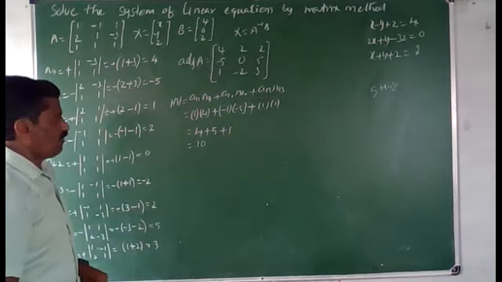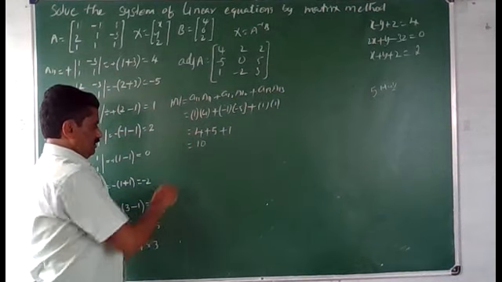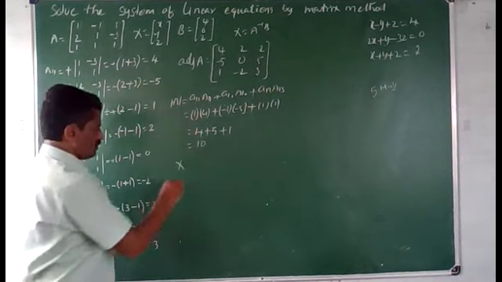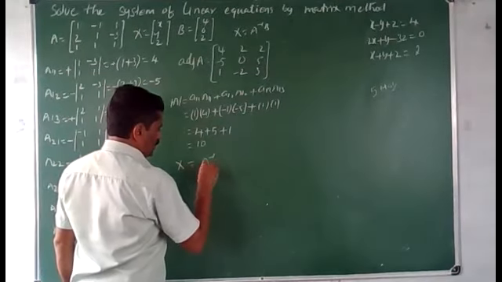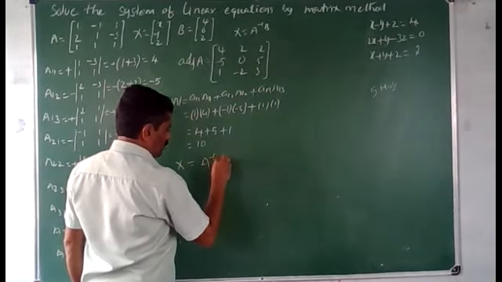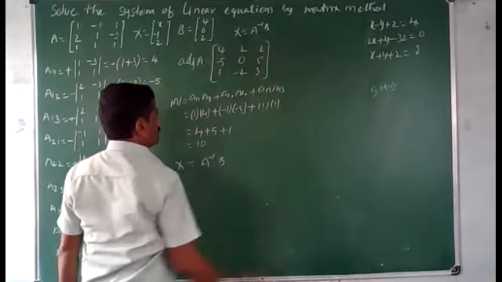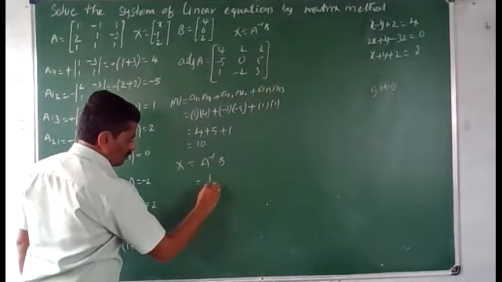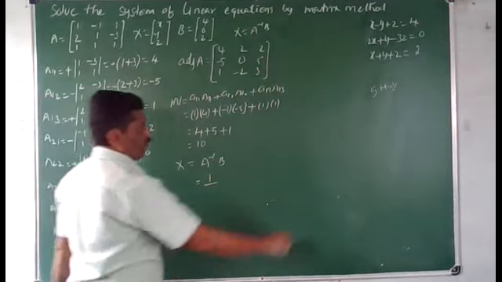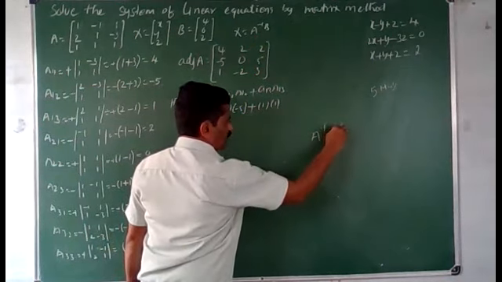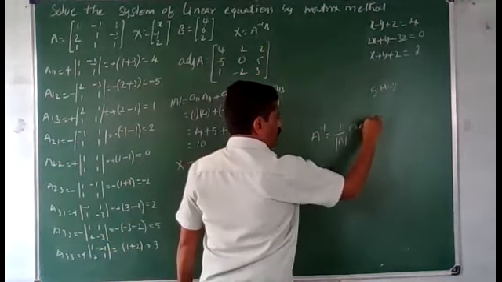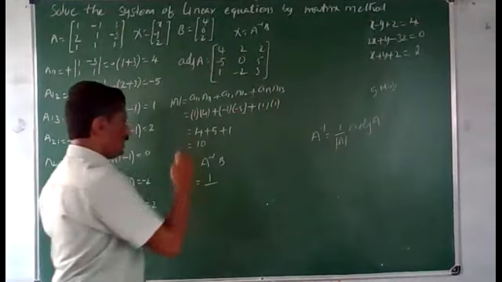So now we have to find x. That is, x is equal to A inverse into B. Again that is equal to, what is A inverse? A inverse is equal to 1 divided by determinant of A into adjoint A. I'm writing directly.